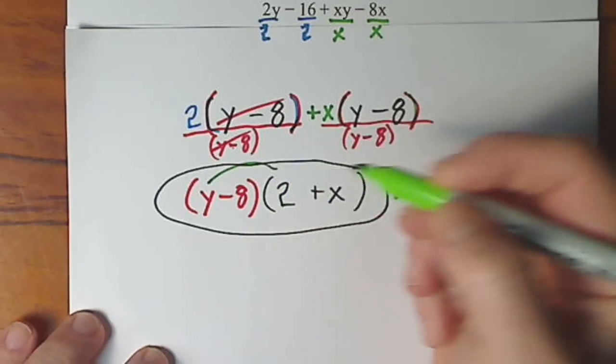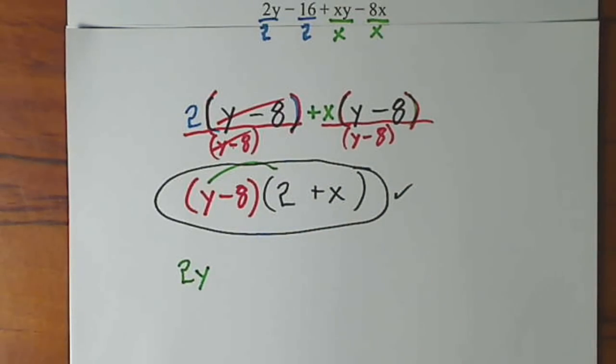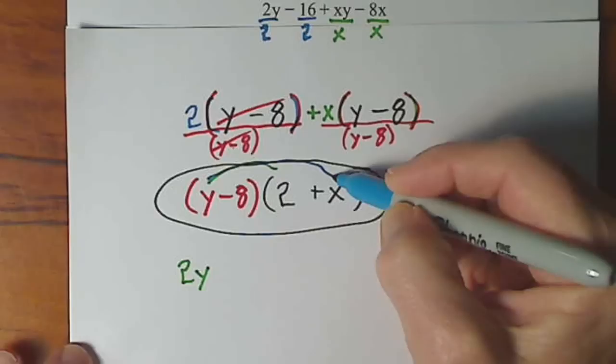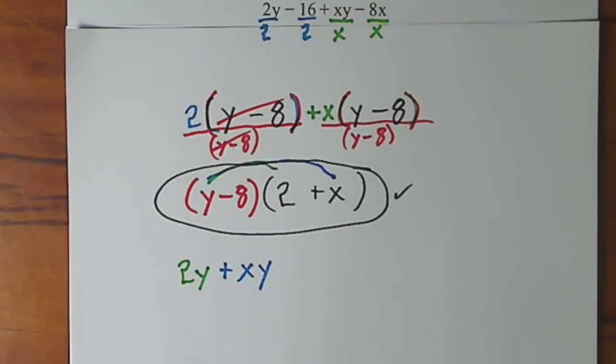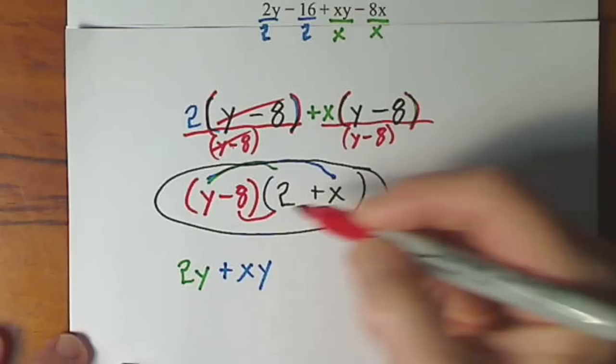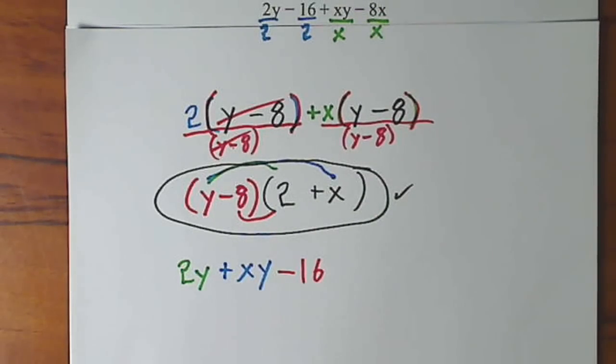If I say y times 2, I get 2y. If I say y times x, I get plus xy. If I say negative 8 times 2, I get negative 16.